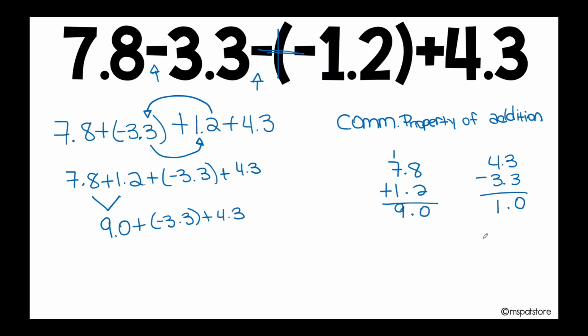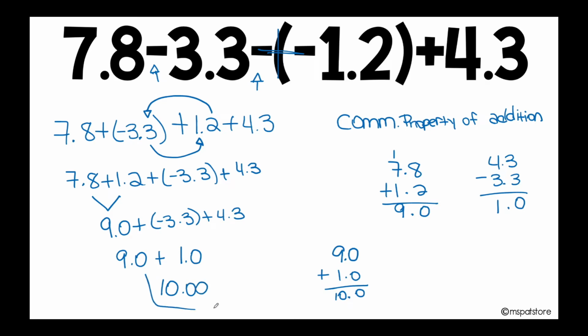So 3 minus 3 is 0, 4 minus 3 is 1. So I have 9 wholes plus 1 whole that is equal to positive 10. Let me show you right here. So I have 9 wholes plus 1 whole. 0 plus 0 is 0. Bring down the decimal point, and 9 plus 1 is 10.